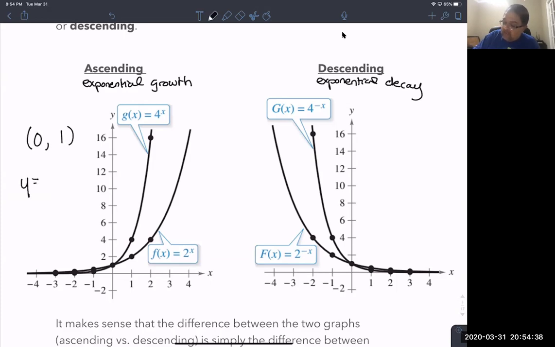The reason is because if I have an exponential expression like 2 to the x, if I plug in 0 for x, I get 2 to the 0, which is 1. If I have an exponential expression like 4 to the x, and x is 0, then 4 to the 0 is 1. So all basic forms of exponential functions have a y-intercept at (0, 1), or it crosses the y-axis at 1. Okay.